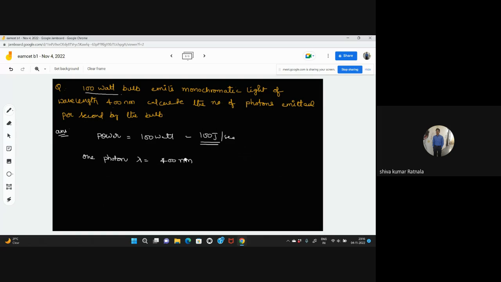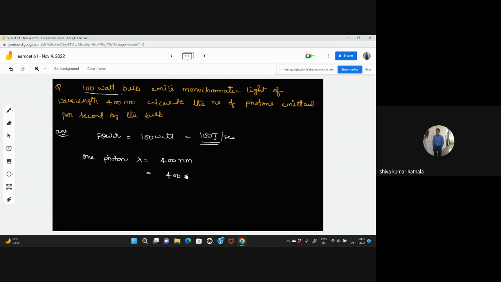Convert into meters, because we take the h value in joules. A nanometer is 10 to the power of minus 9 meters, so 4 into 10 to the power of minus 7 meters.